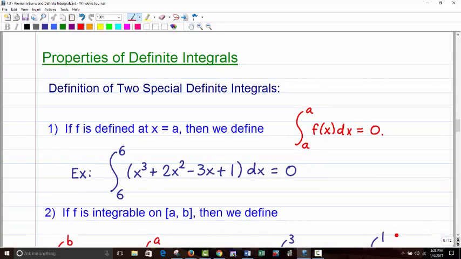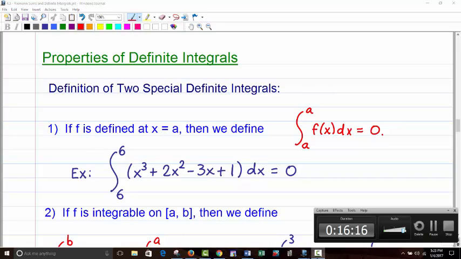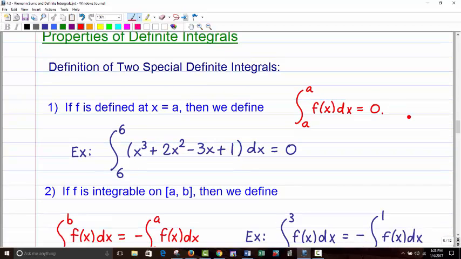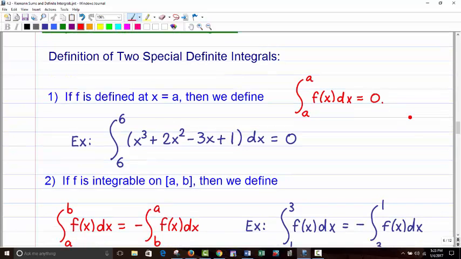Now we have properties of definite integrals. Two special definite integrals. If f of x is defined at a, of course, we don't have an interval here because it's the same number. From a to a, the definite integral from the same number, lower and upper, would always be 0.